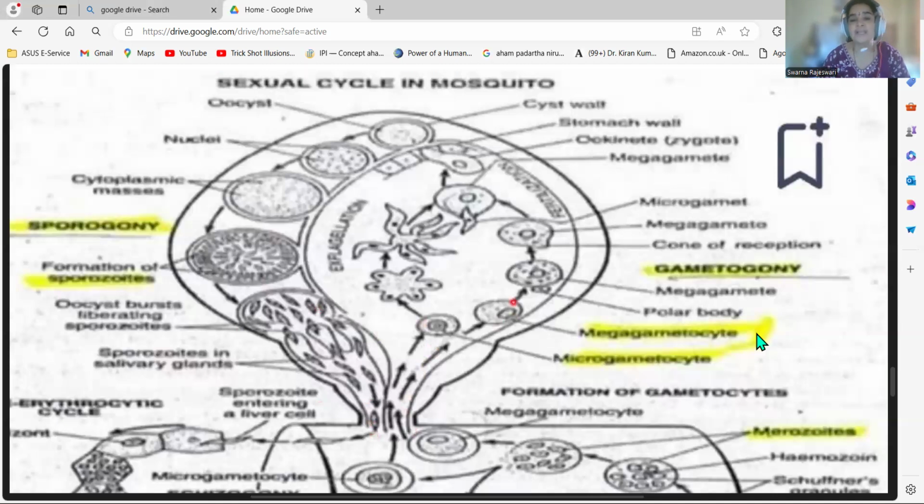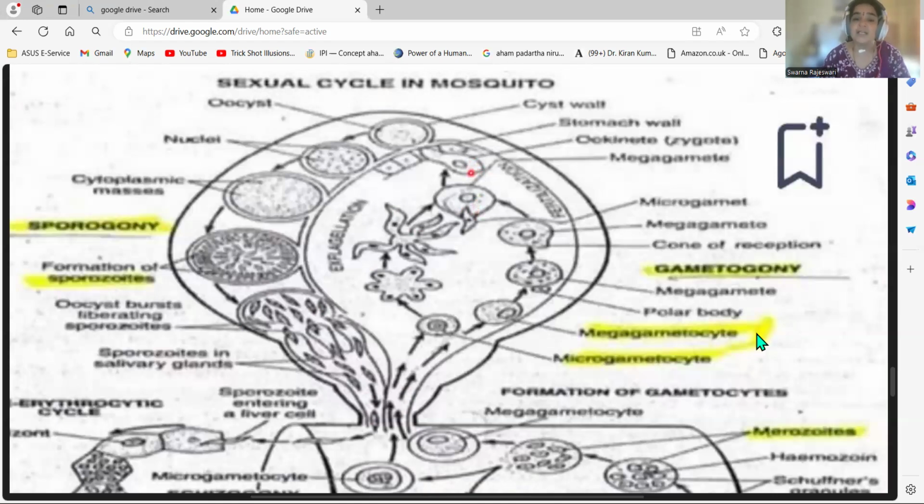The female gametocyte is forming the female gamete, and the male gametocyte by the exflagellation is forming the male gamete. And 8 male gametes are formed. One of the male gametes is now entering into the female, and the fertilization is taking place, resulting in the formation of zygote. Due to this fertilization, where the male and the female gametes are fusing, we call this cycle as sexual cycle in mosquito.